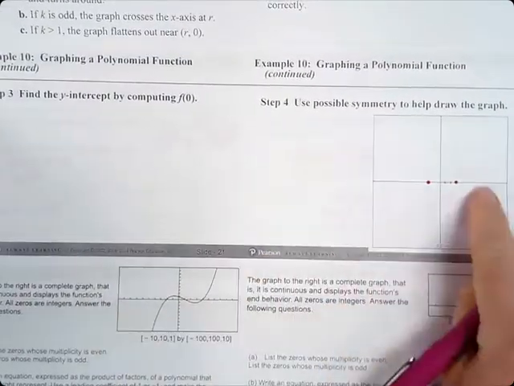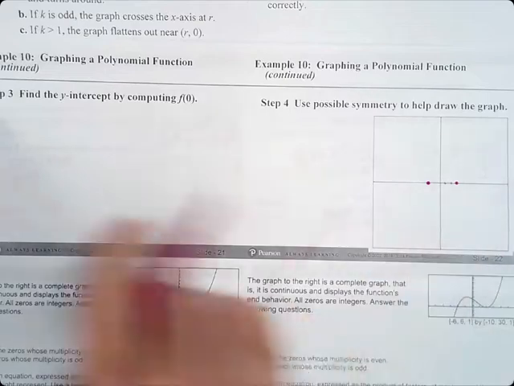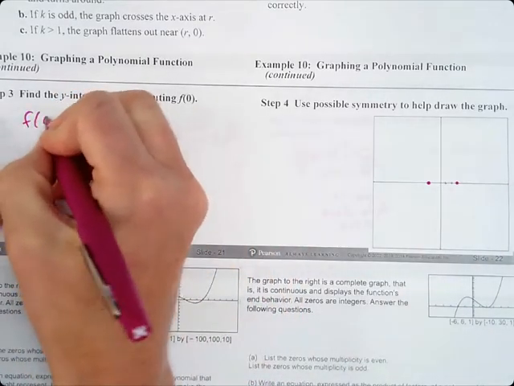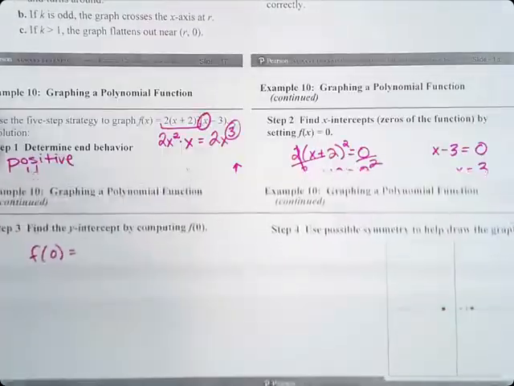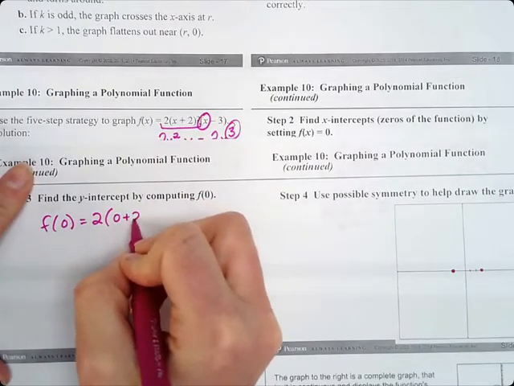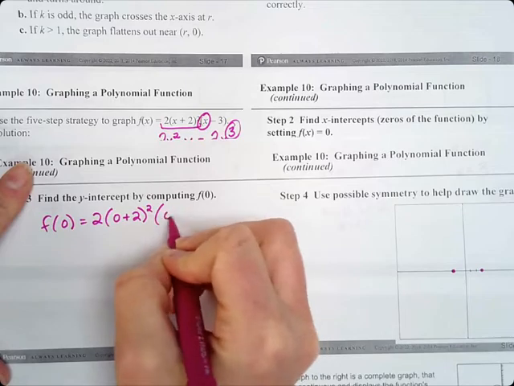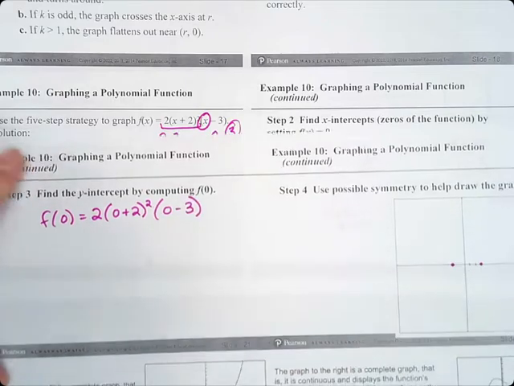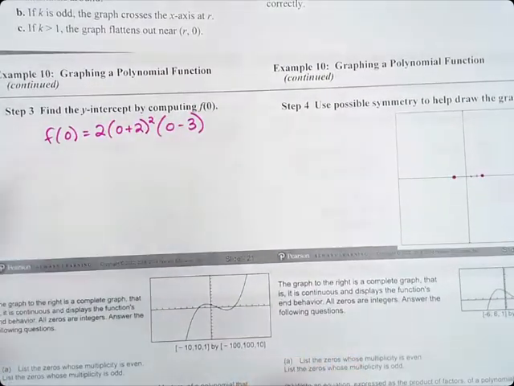So those are my x-intercepts. I already have them. Now f of 0. So that means I need to plug in a 0 for x into my function.